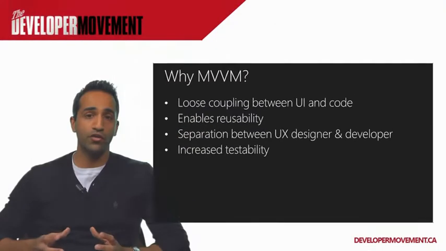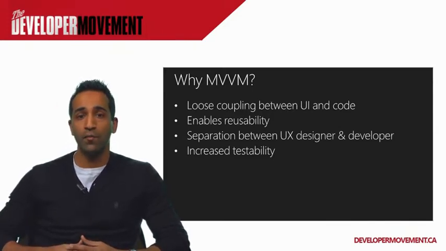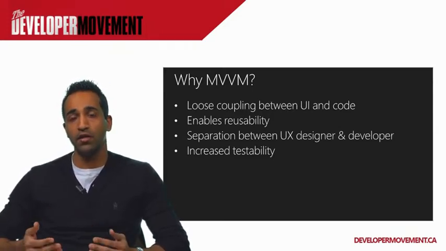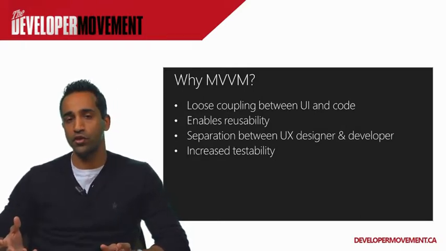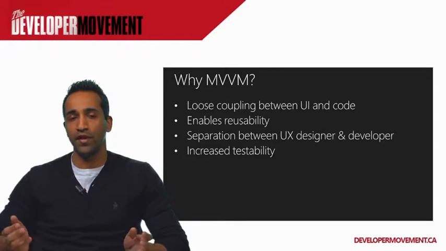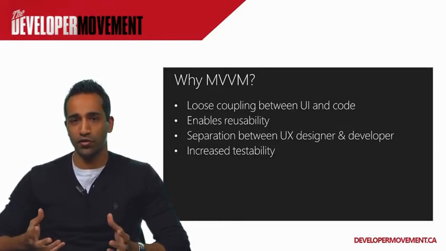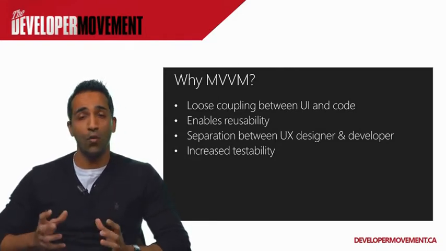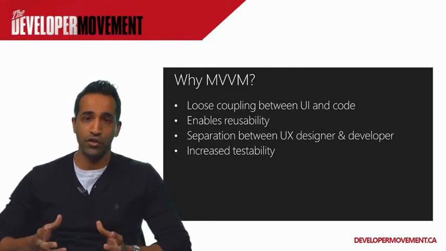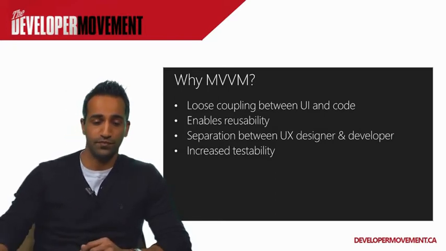Also, if you can imagine working with a friend or someone else, a designer, you were able to basically work in parallel, one person on the UI stack and one person coding the app logic, and both of you can work in parallel and then come together at the end and merge that together without breaking each other's code, basically being able to compile it. And of course, there's increased testability, which I won't cover here, but there's a lot of information on how MVVM helps you increase and make testable code.